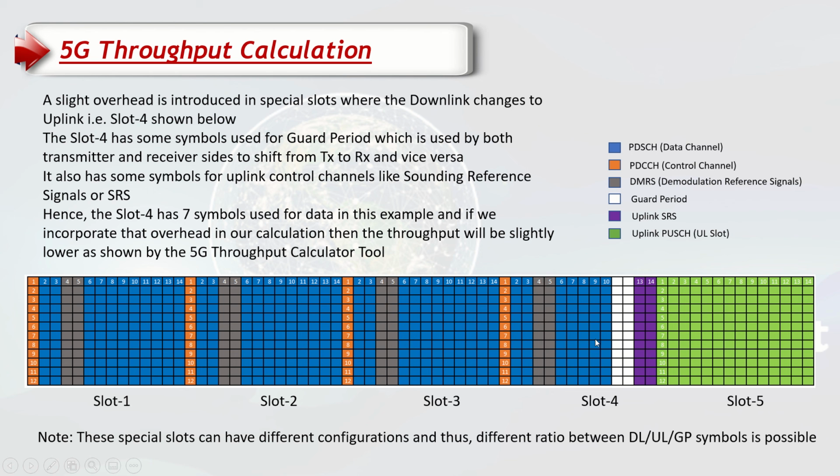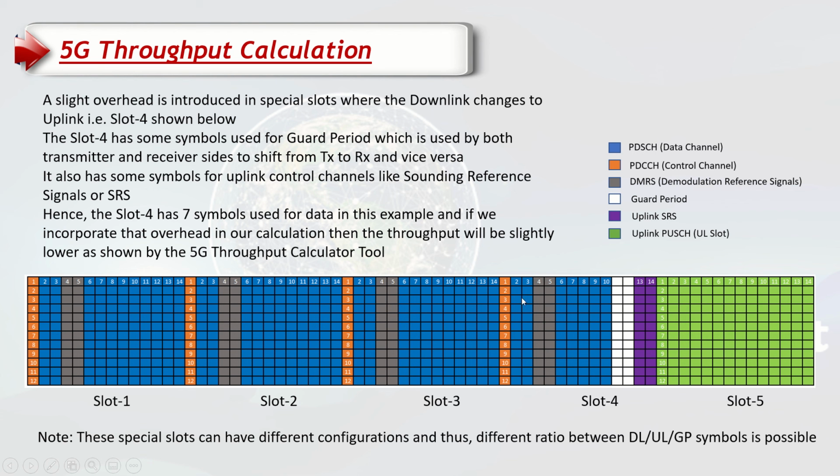So when we shift from downlink to uplink, we need to have a guard period. I already explained that in the frame structure, but just to reiterate, when we have a guard period, we take away, let's say, 2 symbols here, and then we have some symbols for uplink signaling. So this one takes away another 2 symbols. So for slot number 4, instead of 11 symbols, we have around 7 symbols available.